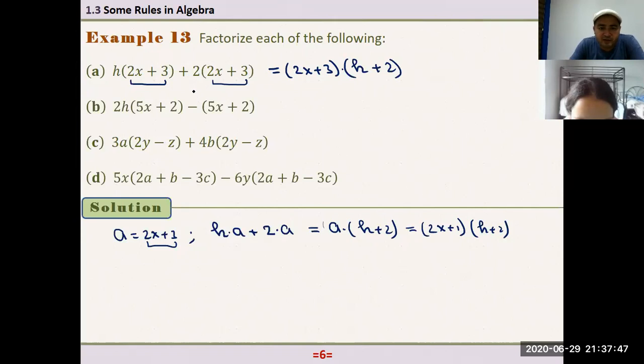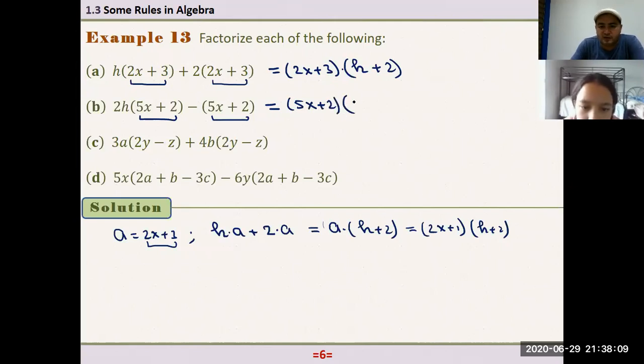So we have written this sum as a product of two algebraic expressions, not fractions, expressions. Here it equals 5x plus 2, 5x plus 2, the same thing, that's a common factor. So take this out. So what do we have here? 5x plus 2.